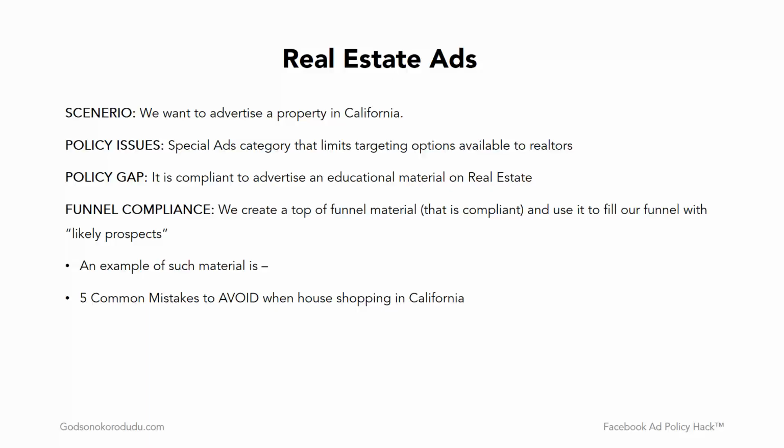So for our funnel compliance, we create a top of funnel material that is compliant, and we use that to fill our funnel with likely prospects. So, what is a top of funnel material? A top of funnel material is a material that helps us identify people who are likely prospects.